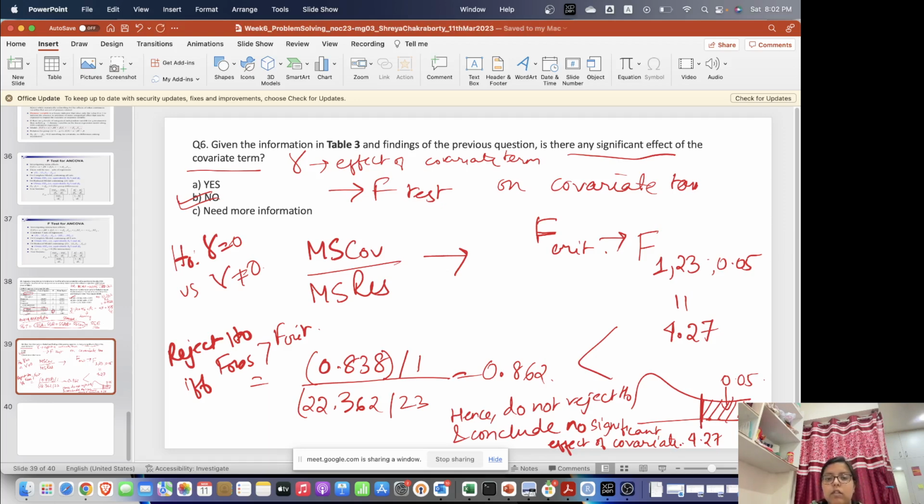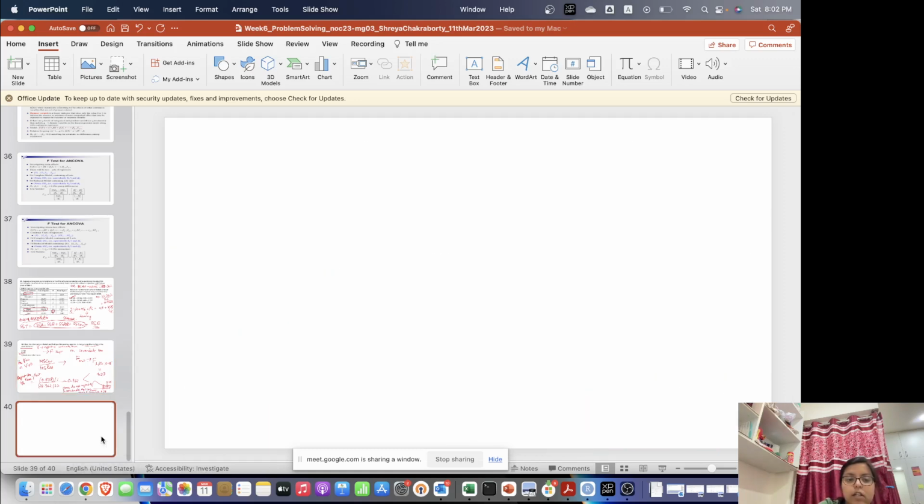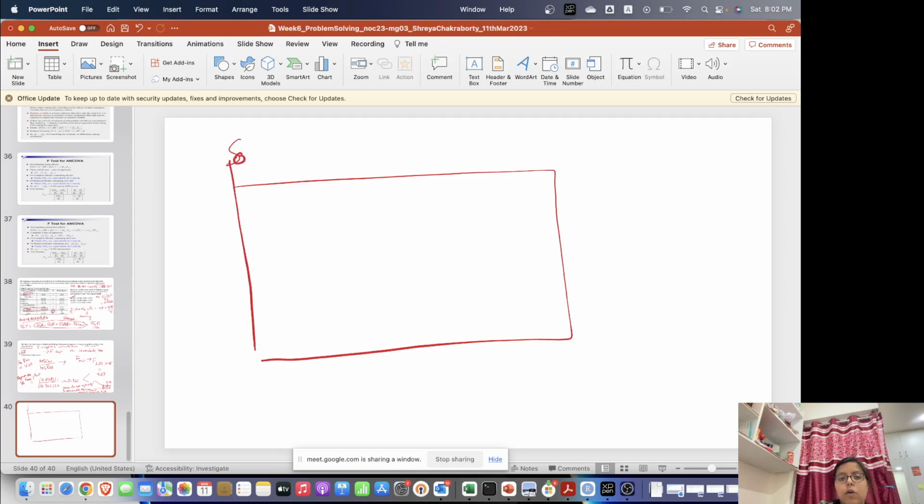Is it okay? So even if I have a regression model, the same thing as an ANOVA table, here also for a regression model we can have an ANOVA table where we would have sources of variation. This would be the regression, this would be error, and this would be total.